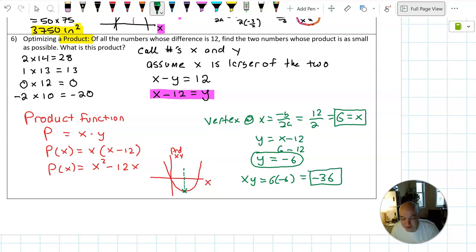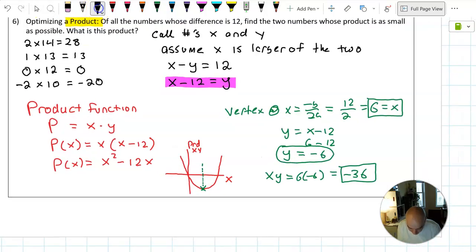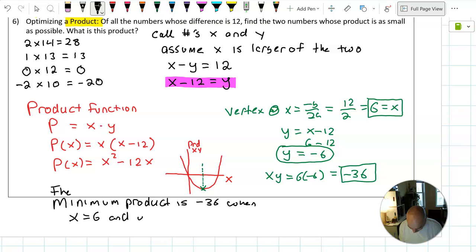And so what might we say to summarize our answer? I would say something like the minimum product is negative 36 when x equals 6 and y equals negative 6.